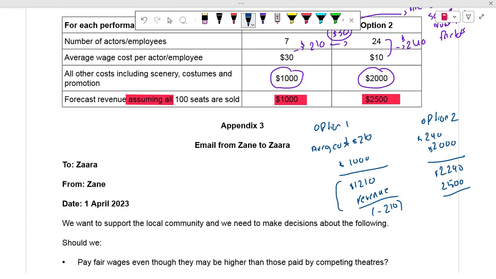So what number will we get from this? $2,500 minus $2,240.